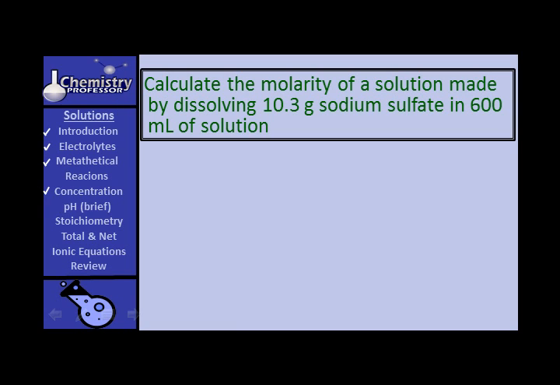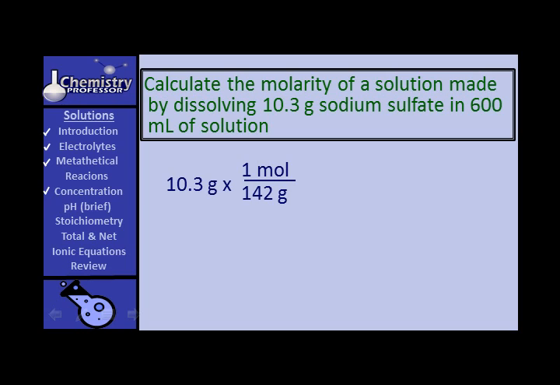Let's calculate the molarity of a solution made by dissolving 10.3 grams sodium sulfate in 600 milliliters of solution. So we start with our 10.3 grams of sodium sulfate. And we know that 1 mole of sodium sulfate, when we add up the weights, is going to weigh 142 grams.